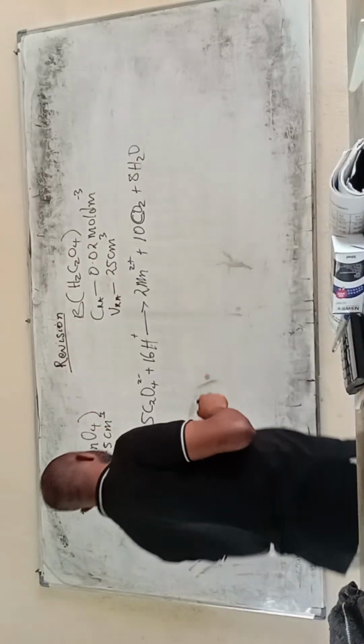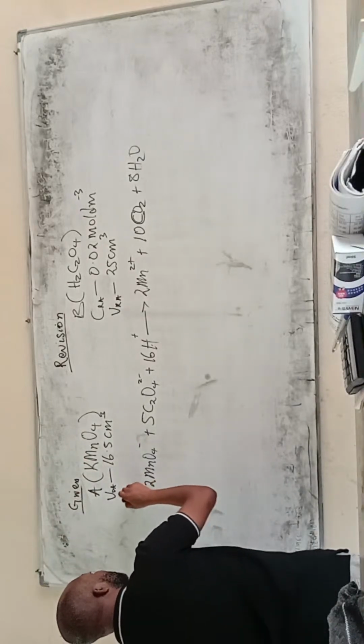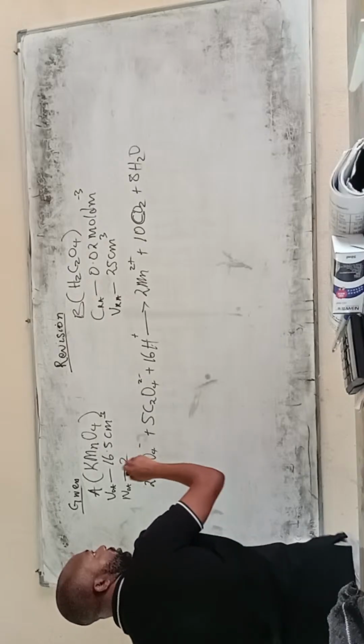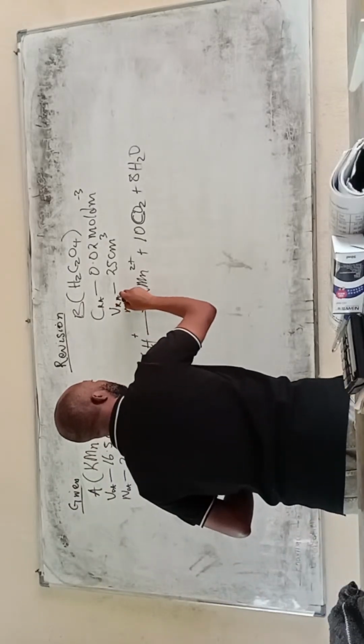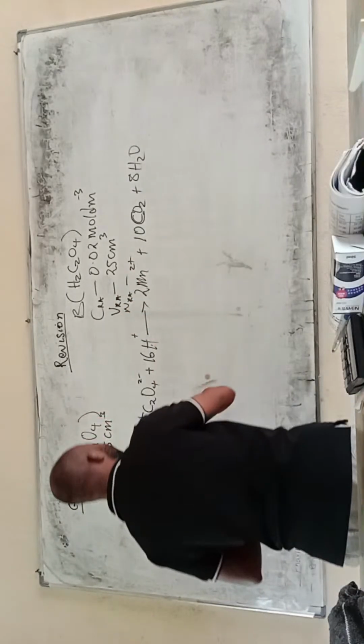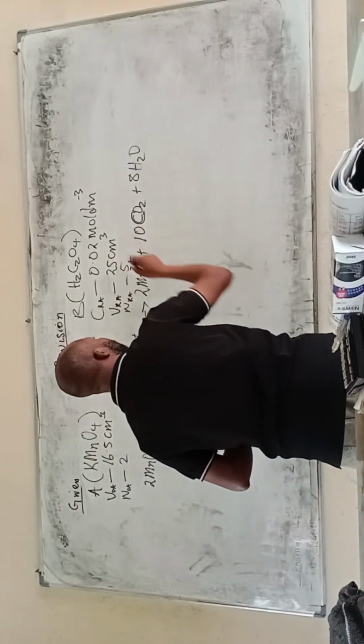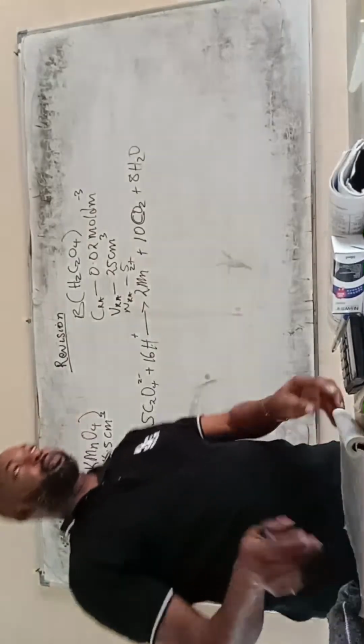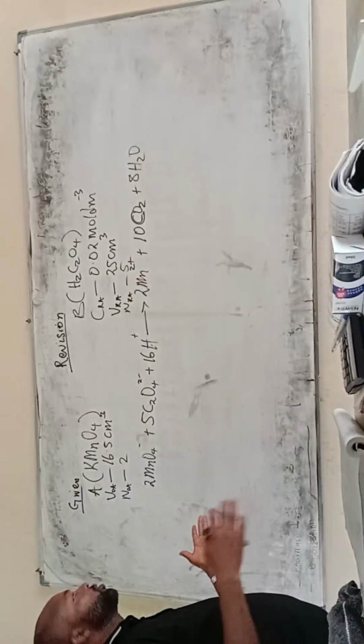This is it. So by that, the number of moles of oxidizing agent is 2. The number of moles of reducing agent is 5. So this is it. We are on redox.